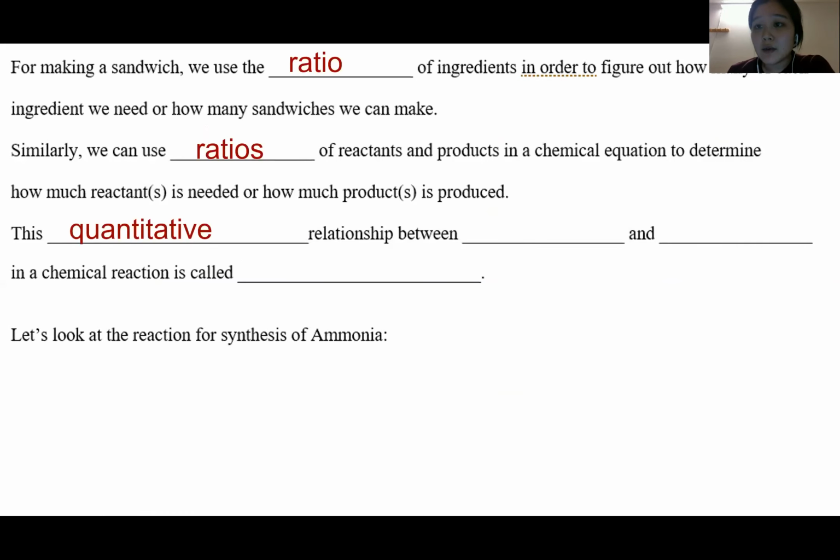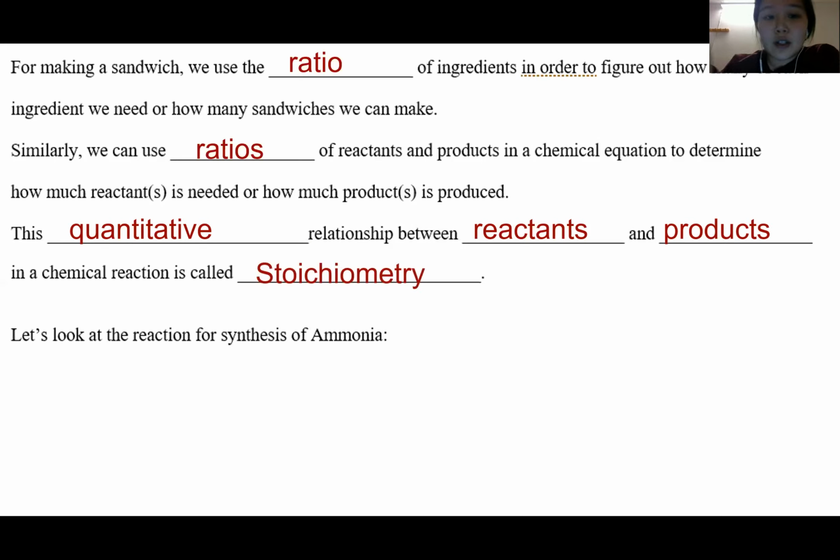This quantitative relationship between reactants and products in a chemical reaction is called stoichiometry. Quantitative just means numerical. It deals with numbers.